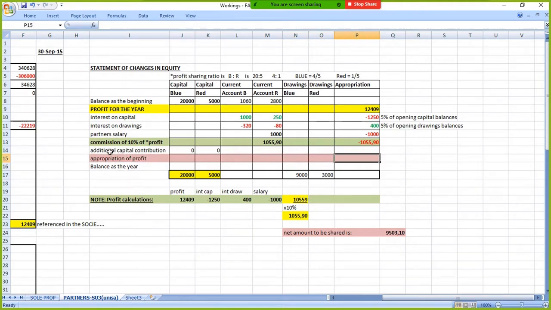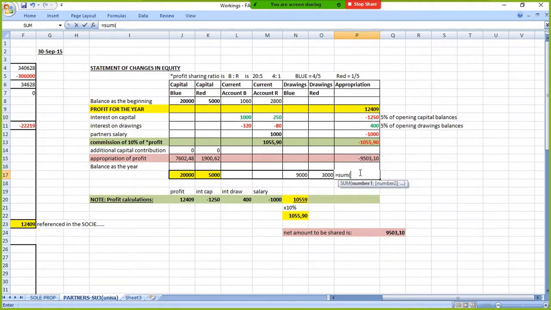You're going to show negative that figure, and then you're going to split it. So Blue's going to get this amount times 4/5, and Red's going to get this amount times 1/5.